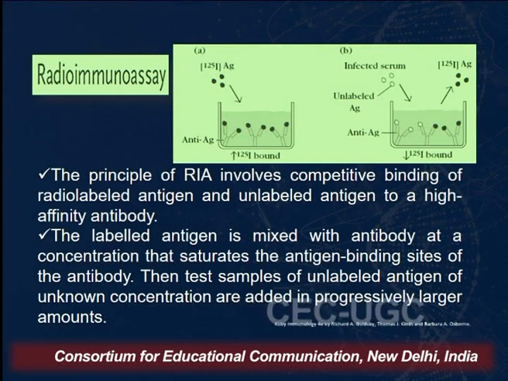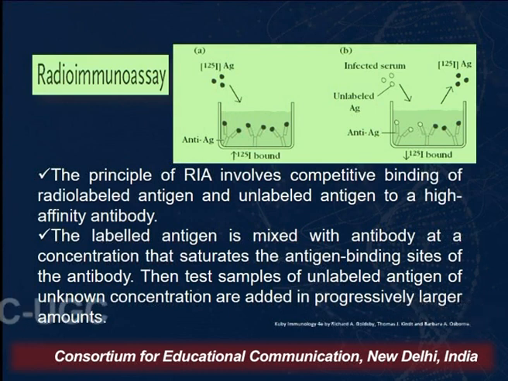So the preloaded antibodies are there, onto which the unlabeled antigens are attached, and as the labeled antigens are loaded onto them, there is a competitive binding. So the unlabeled ones are replaced by the labeled ones, and as the labeled ones get bound, we can determine their concentration, and then check with the help of the standard curve to know the unknown concentration which was added.